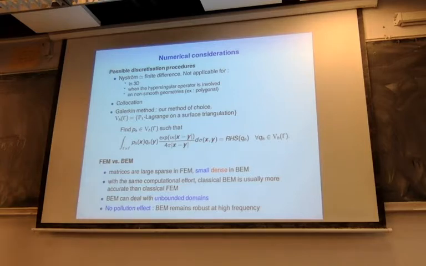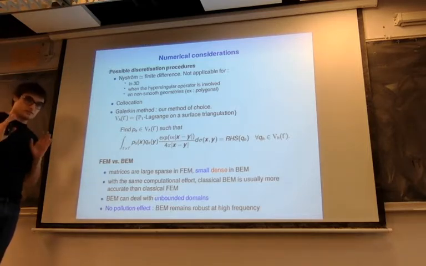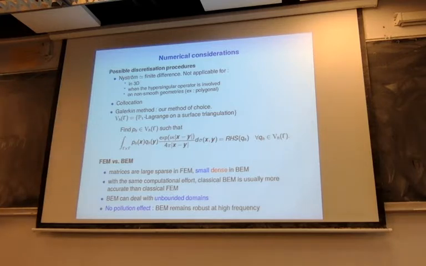For example, in 3D, if you have the surface of a scatterer, you generate a triangulation of this surface. You need to generate the mesh of the surface, not the mesh of the volume. And you construct, for example, P1 Lagrange finite element functions on this. And then you take this as a variational space for the boundary integral formulation.